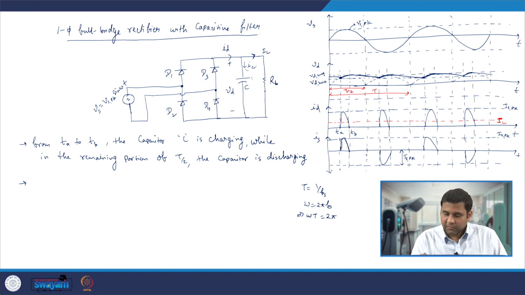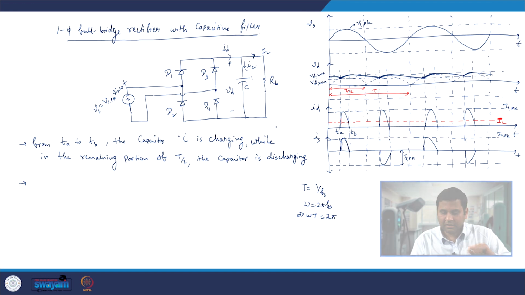So if we want to make sure the difference between VD max and VD min is within a certain limit, we need to size our capacitor so that we satisfy the load requirements, that the voltage should be within a certain limit.